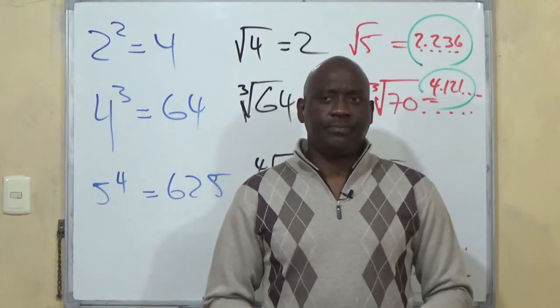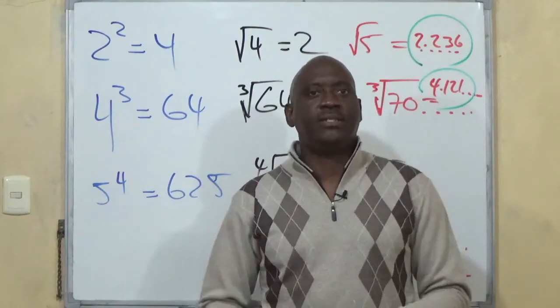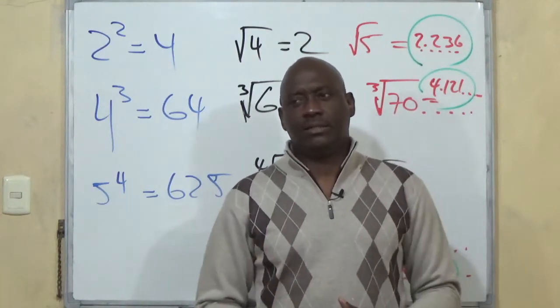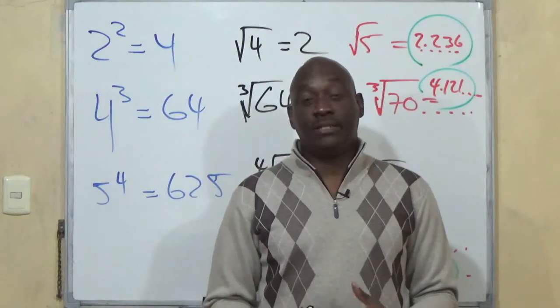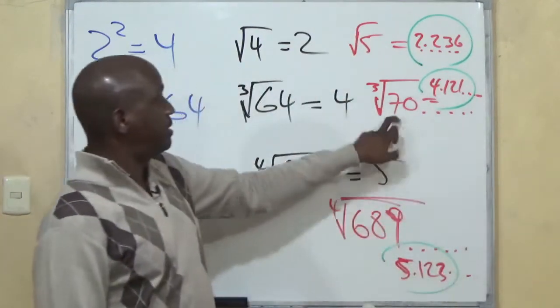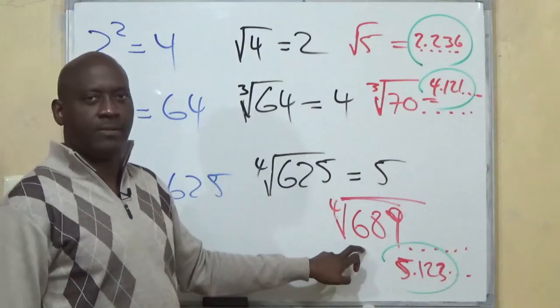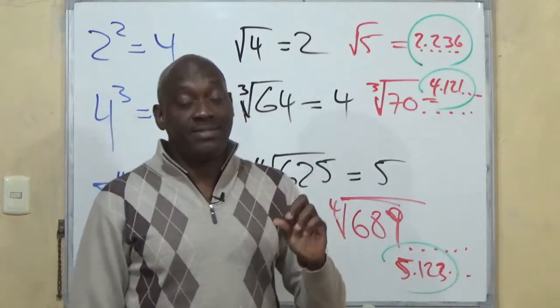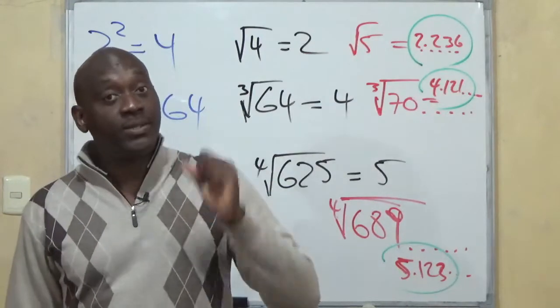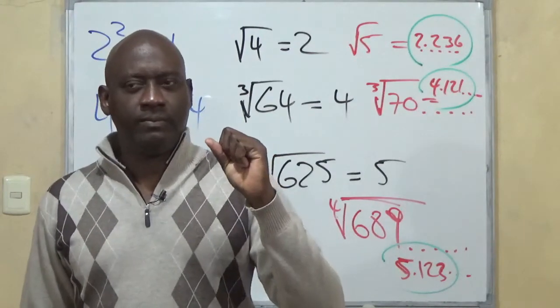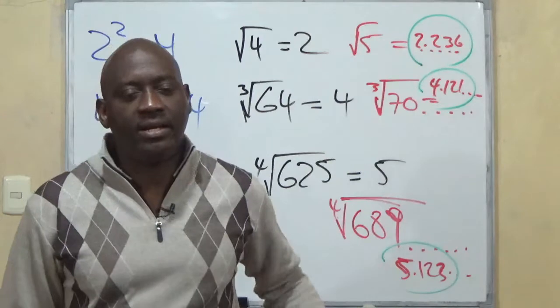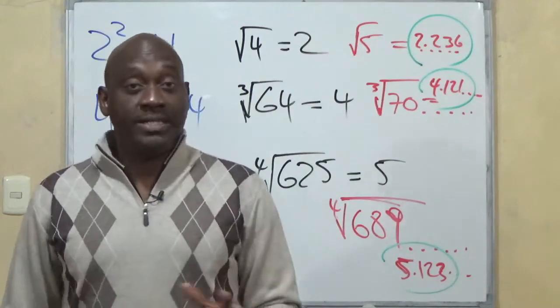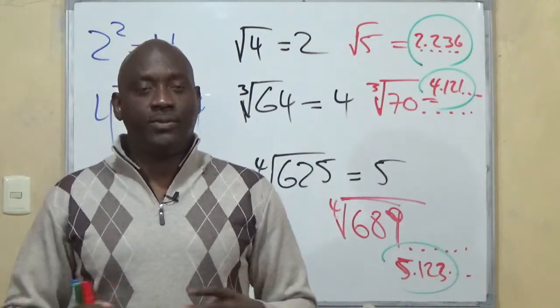Maybe at higher levels in different contexts, you might have to interact with surds like this or like this. So it is important to understand that the concept of surds is not limited to squares and square roots. It just so happens that in regular use, the square and the square root is what we deal with most frequently.